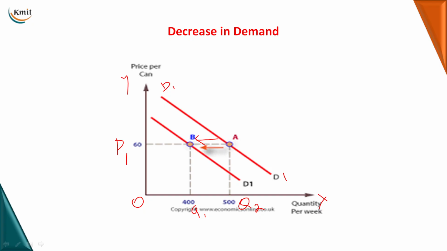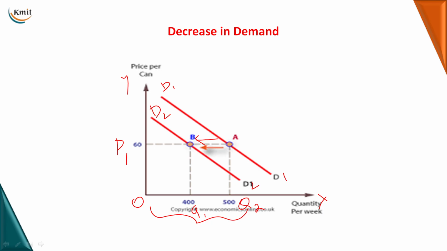Now this is D2. New demand line is D2. Right? So it is observed that from the original demand, when the price was P1, the quantity was OQ2.